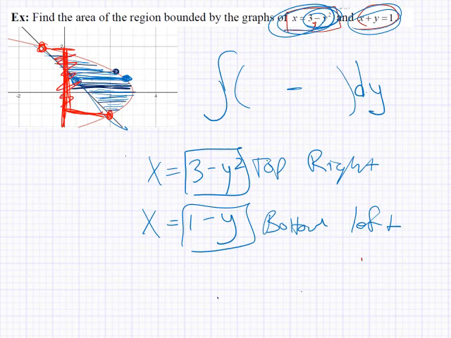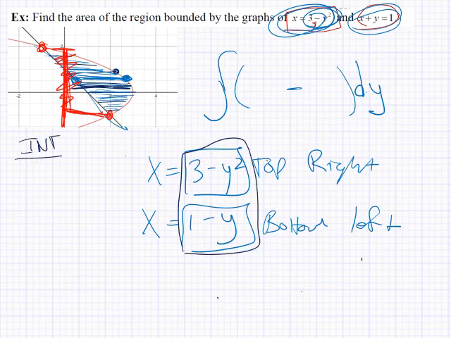So we need to find intersection points, and the way you do that is simply by setting the functions equal to each other. Again, the functions of y equal to each other. So our intersection points would be 3 minus y squared equals 1 minus y. Figure out what y values you would have for these two intersection points. Because again, we want to know the width along the y-axis.